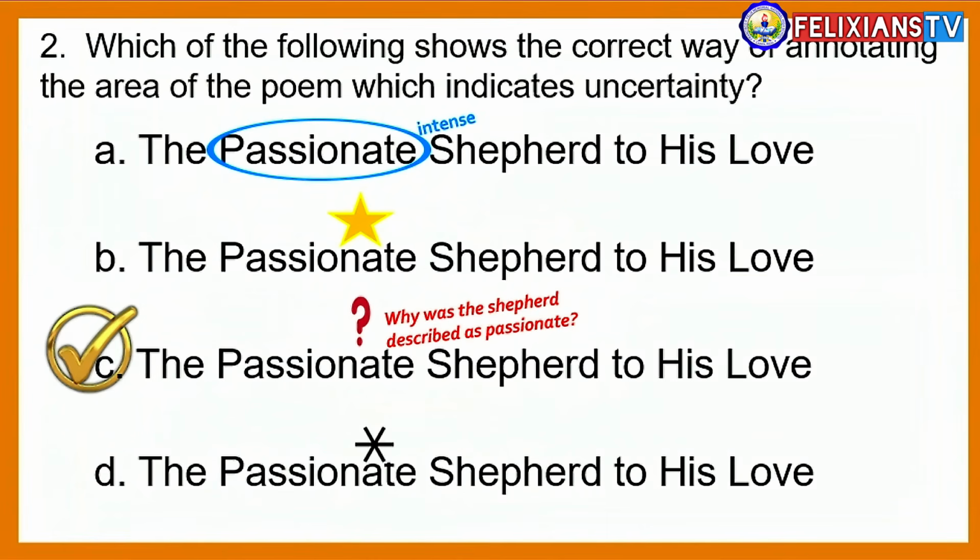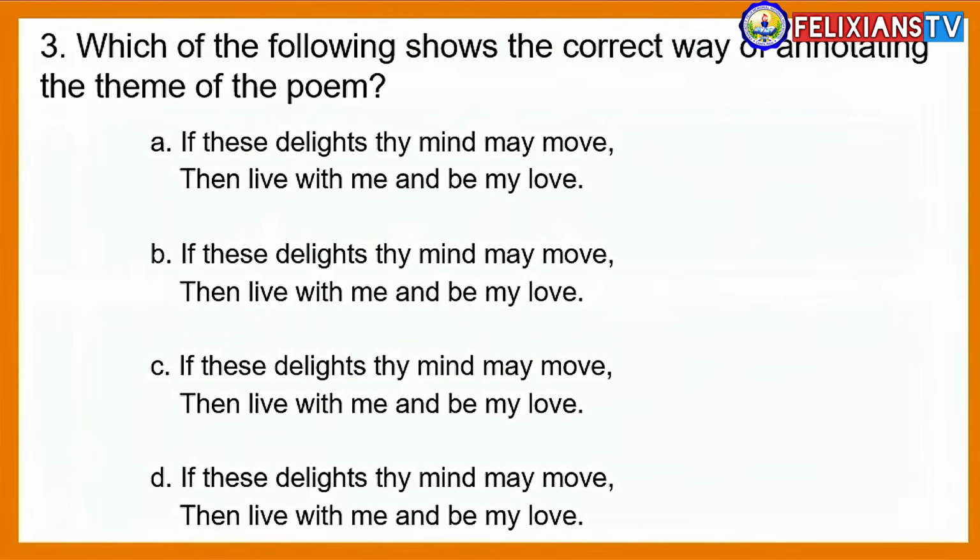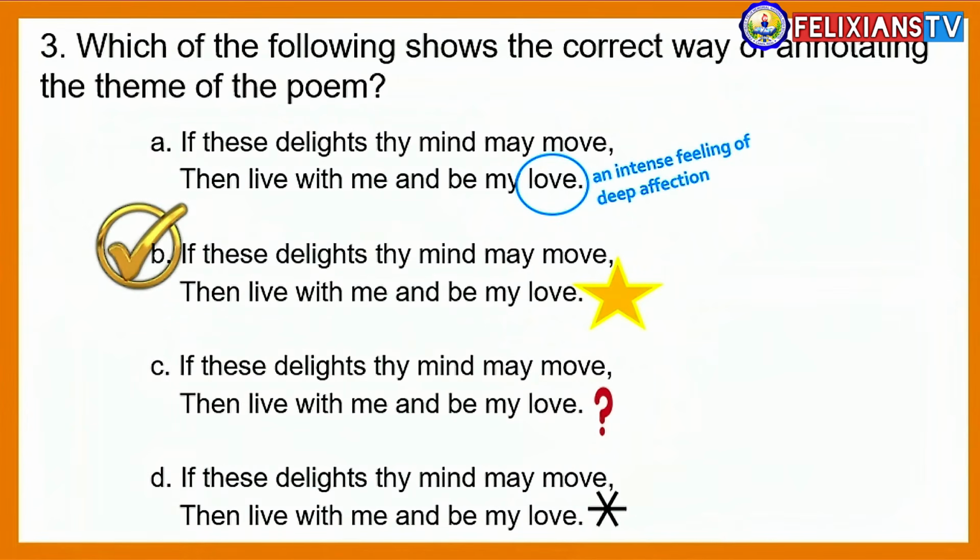Number 3. Which of the following shows the correct way of annotating the theme of the poem? Letter A, letter B, letter C, or letter D? Yeah, you got it right. It's letter B. Use star.